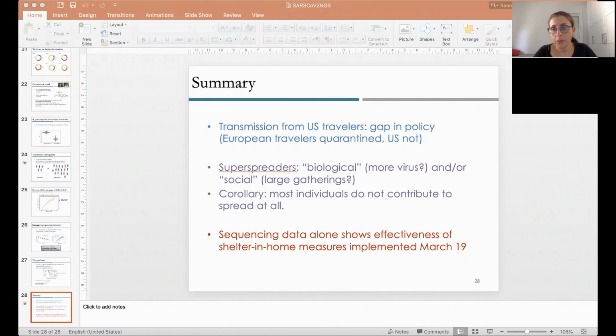So the one reason is that SARS and MERS are more lethal than SARS coronavirus 2. MERS and SARS both have a mortality rate of about 10% or higher, which means that the virus actually is less able to spread. So if a virus kills its host, then usually it can't continue to spread, right?